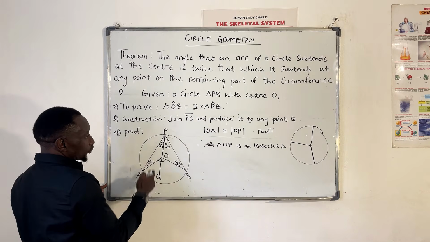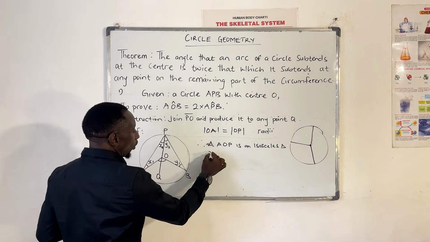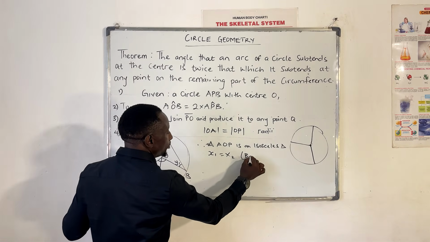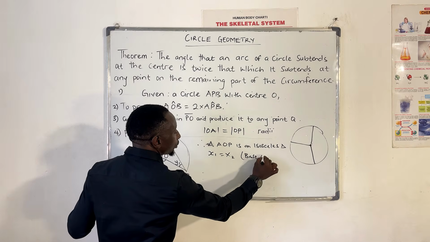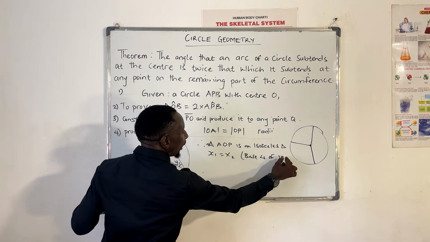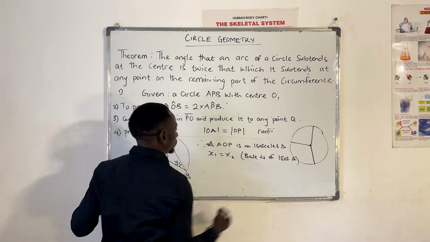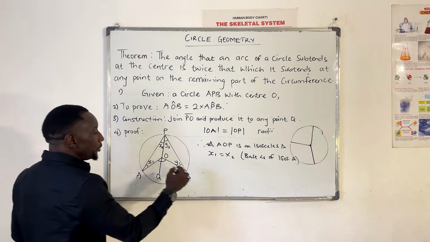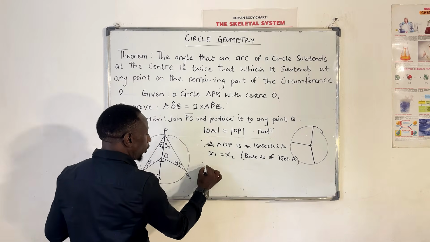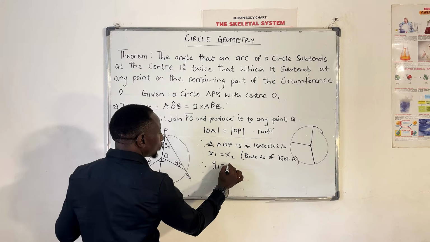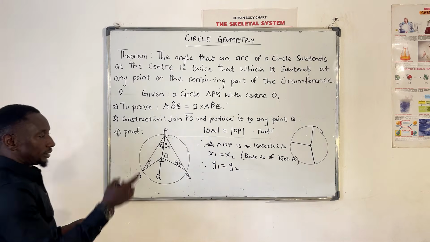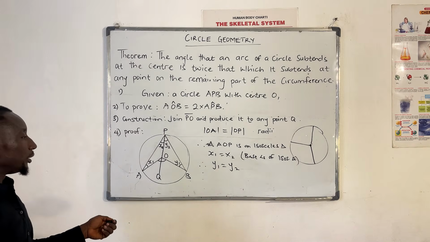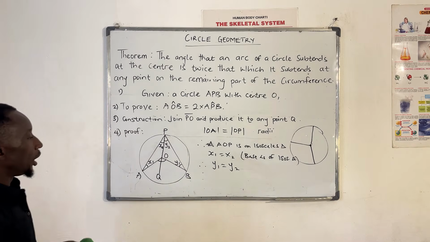Since this is an isosceles triangle, it means my x1 is equal to x2, that is, base angles of an isosceles triangle. That also means that y1 is equal to y2, same reason. So x1 is equal to x2, and y1 is equal to y2.